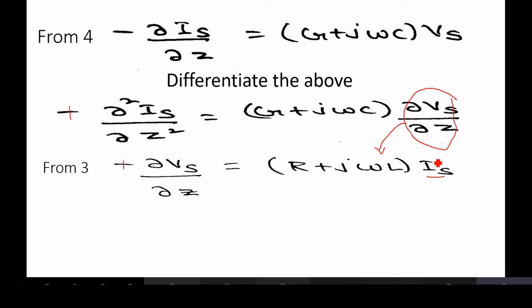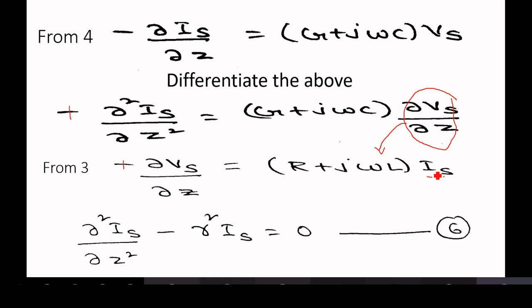Now both the left hand side and right hand side have Is, similar to the earlier expression. So dou square Is by dou Z square, and this we have seen.